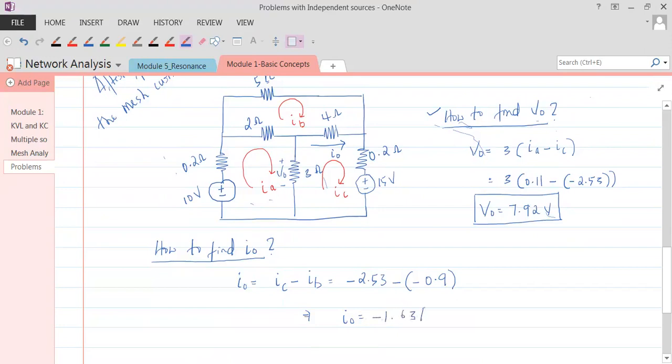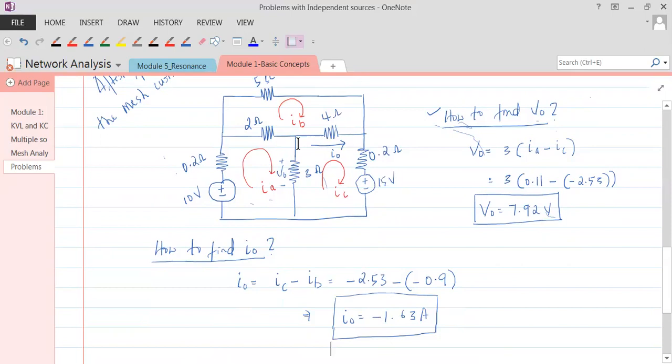1.63 amps. Now I0 happens to be negative. What is the meaning of that? See here, the given I0 is flowing to the right. If this I0 had been given as a current flowing to the left, then this would have come out positive. Since it is in the given direction, I0 is negative, which means that the positive I0 would be flowing in the opposite direction.